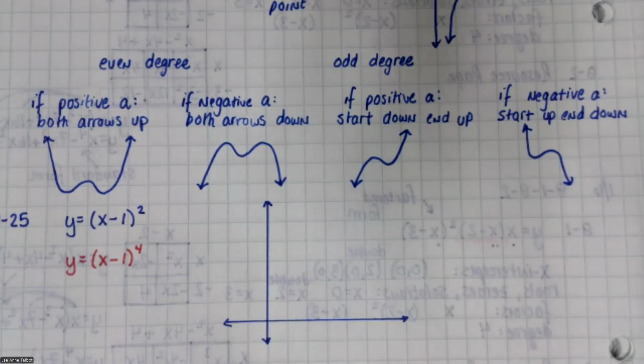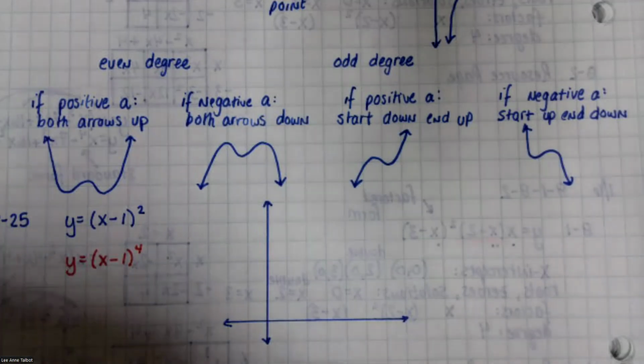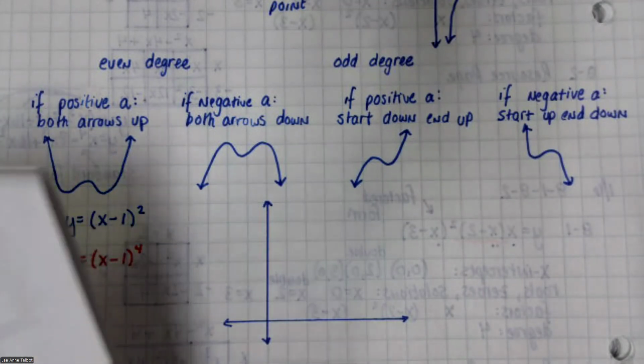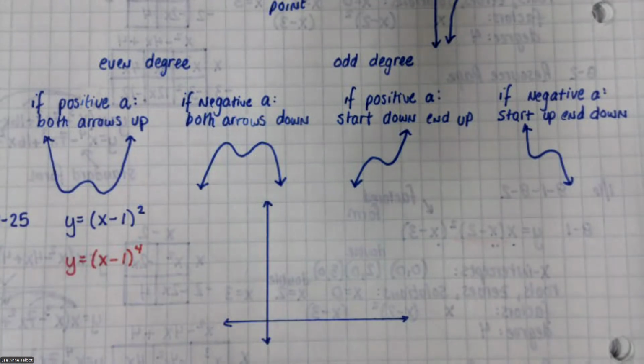So here's my question. On the stuff we did yesterday, are there any odd degree ones with a negative a value? Oh, yep. Look at number 4. Okay, so let's just look at graph 2 and graph 4 real quick.